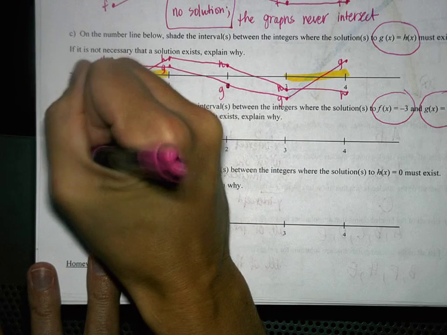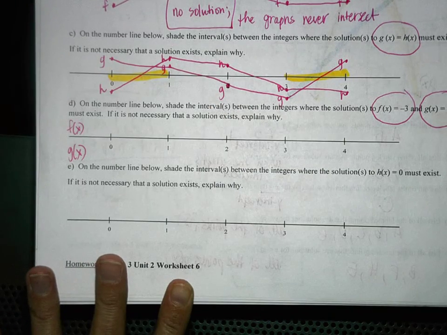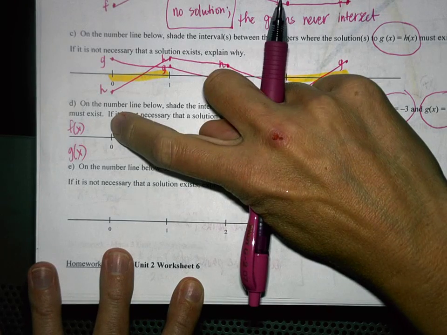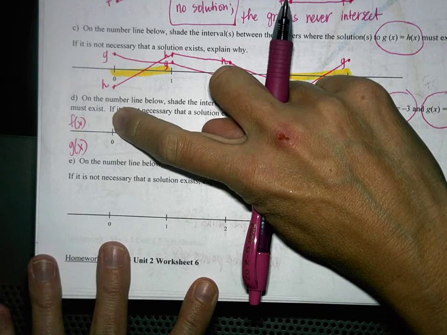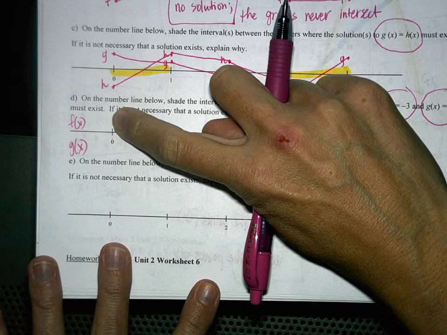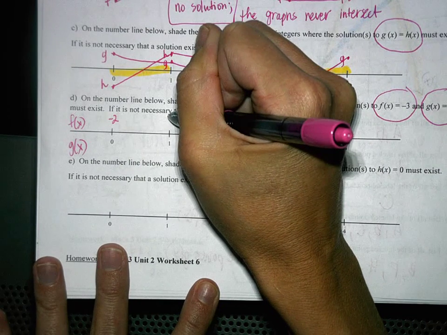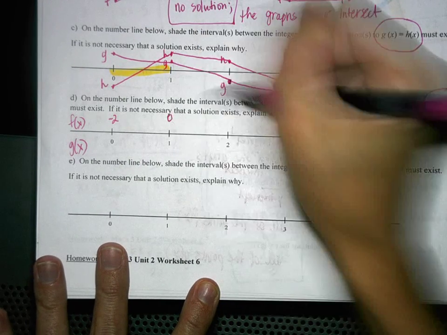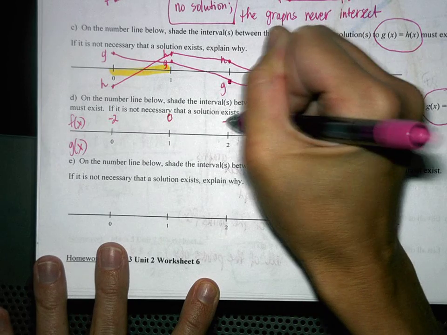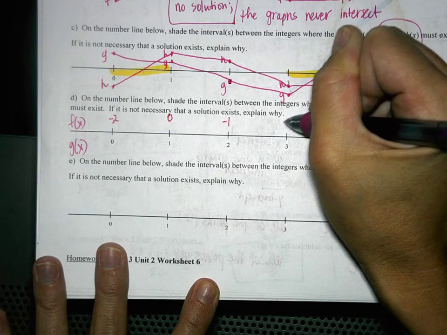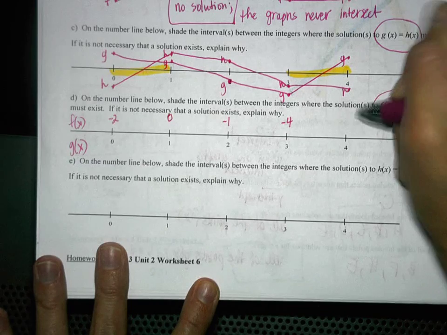At 0, what does f of x equal? We're just going to write the number for a minute. Negative 2, and then at 1 it's 0. At 2 it's negative 1. At 3 it's negative 4. And at 4 it's negative 2.